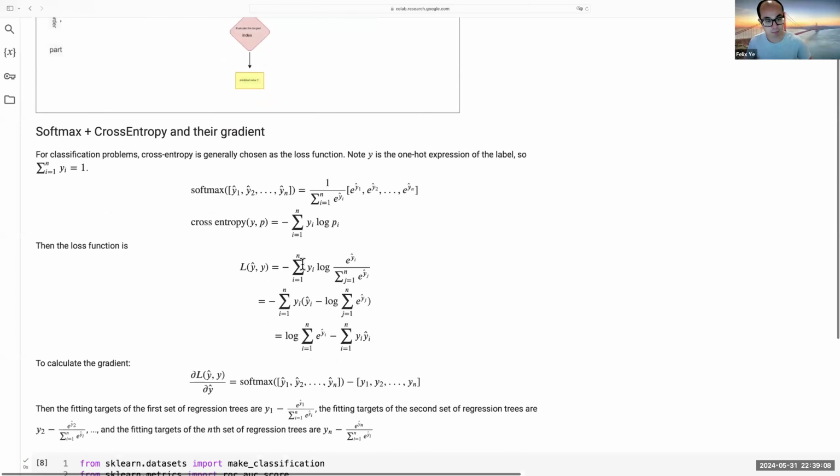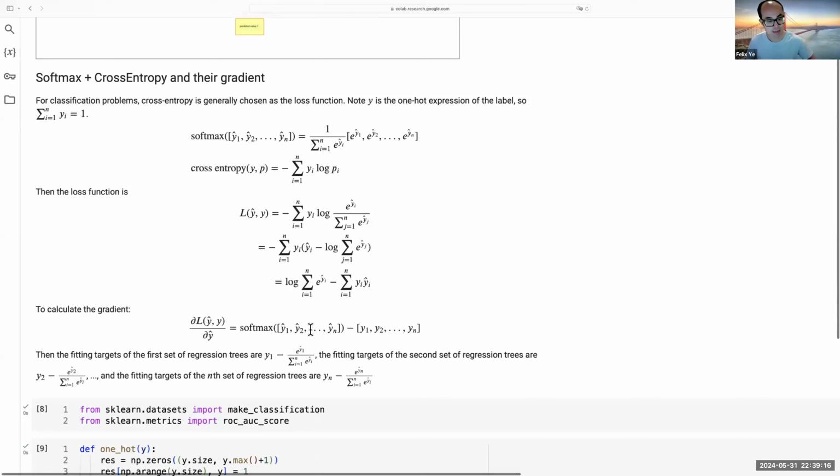After working through these expressions, we can find an analytical expression for this loss function. And the key here is that, if we want, we can take the gradient of our loss function with respect to y hat, and we get an analytical form of our gradient.